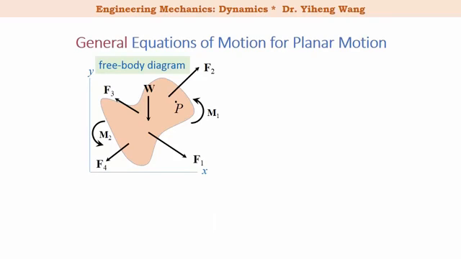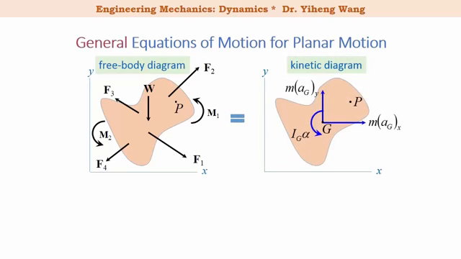For a rigid body with a given free body diagram, if it is undergoing general plane motion, then we can draw its equivalent kinetic diagram with linear acceleration a_Gx and a_Gy at its gravitational center G, and the angular acceleration alpha for this entire rigid body.